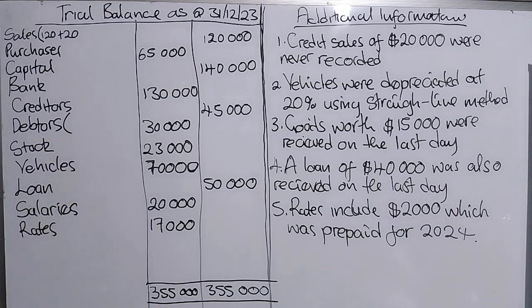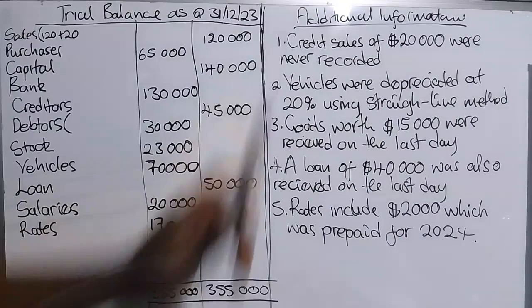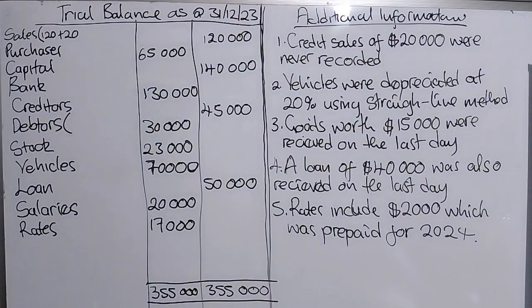We need to complete the double entry. For each additional information, each adjustment that you make, you are supposed to complete a double entry so that your accounts balance. We made the first entry on sales, then the second entry, to complete the double entry, on debtors.